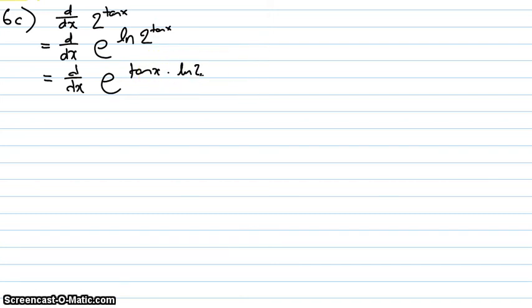Now this is just e to some power. I know how to differentiate this. So differentiating this, the e to the ln 2 tangent x remains the same. Then multiplied by the derivative of the top line. So differentiate ln 2 tangent x, I'm going to get ln 2 secant squared x.